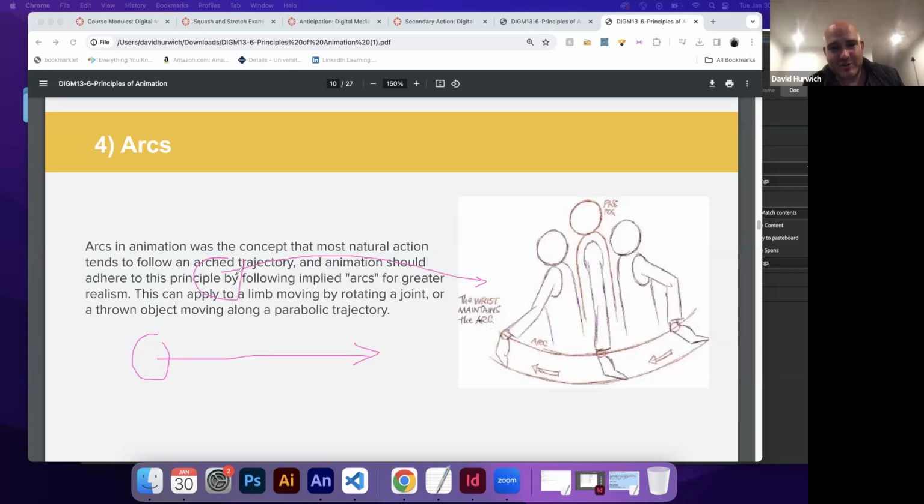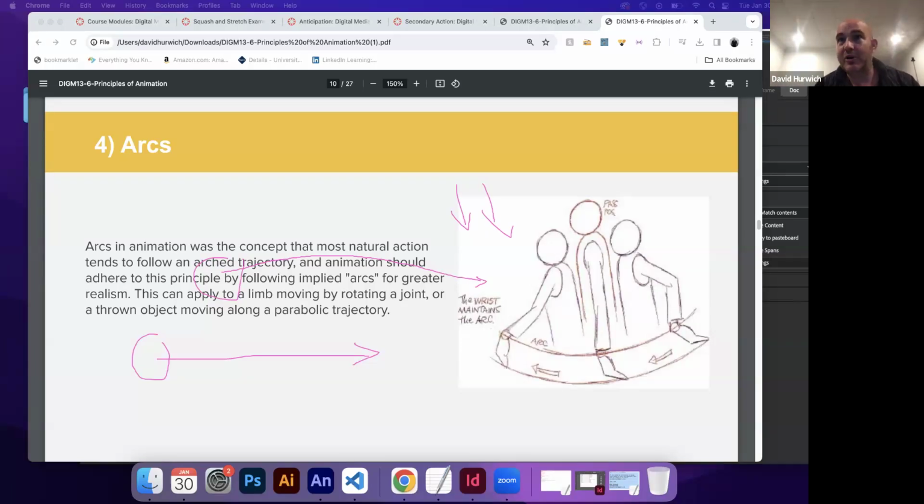It goes up because it's very hard to do anything perfectly straight, and then gravity pushes it down. So it really moves more in an arc. If I move my arm, I move it in an arc. I don't move it like this. That's very unnatural and tends to look a little more mechanical.